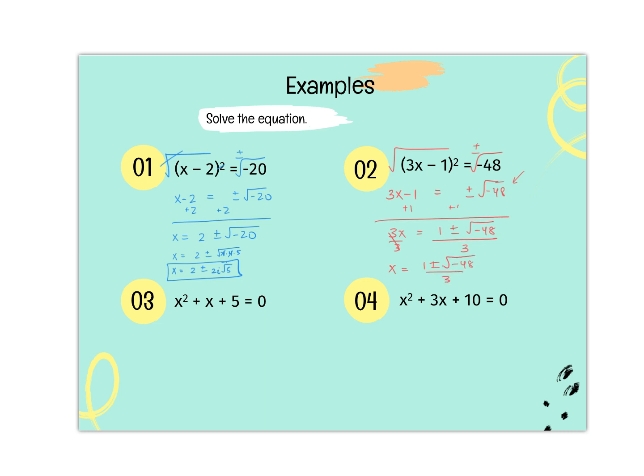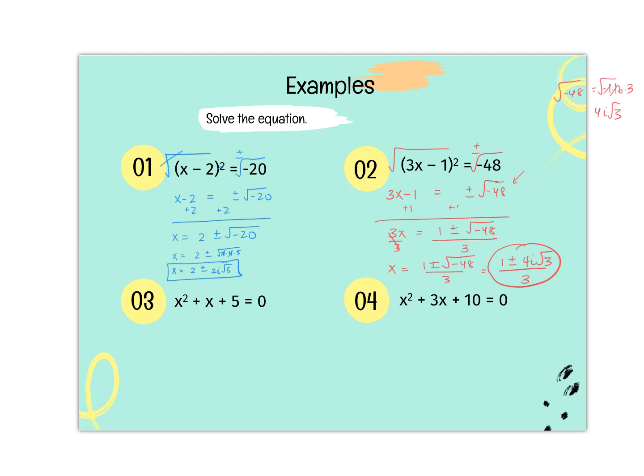Now again, I've got to simplify the square root of negative 48 part. The square root of negative 48 is going to be negative 1, 16, and 3, so it's going to be 4i radical 3. So it's going to be 1 plus or minus 4i radical 3, all over 3. And that's fully simplified and it's solved.